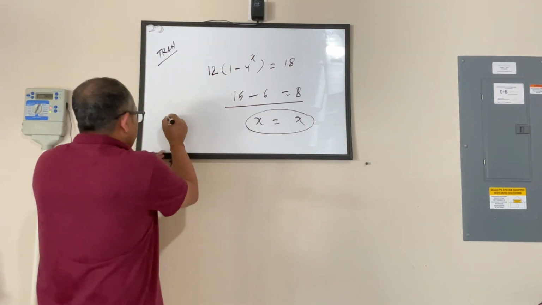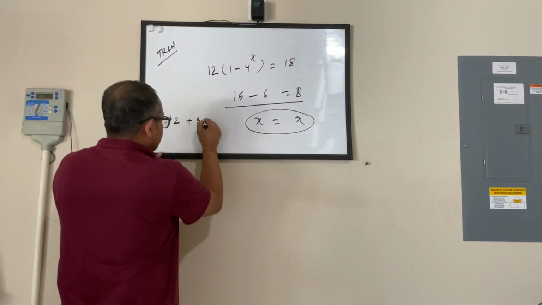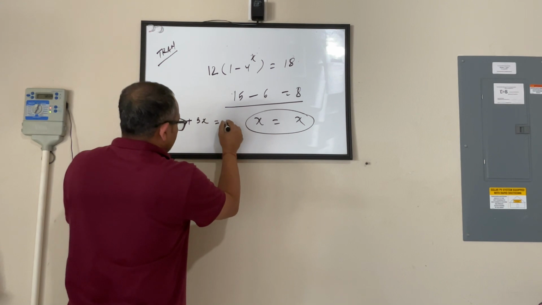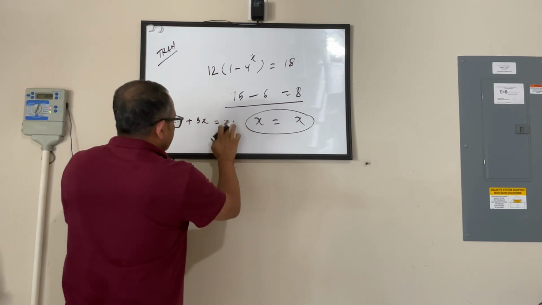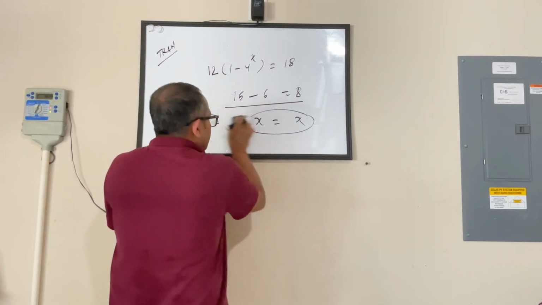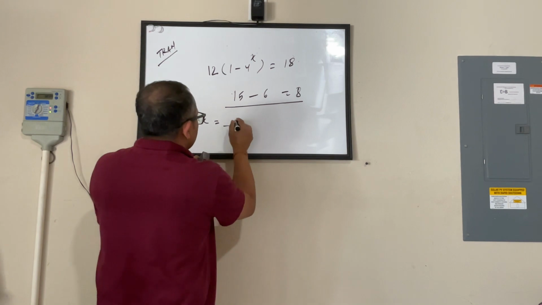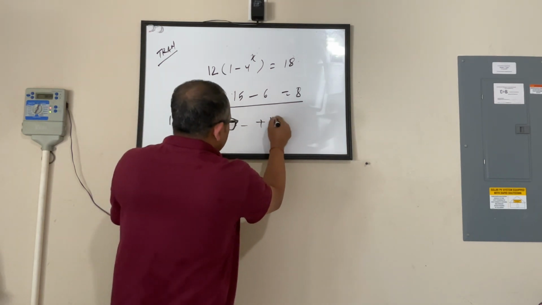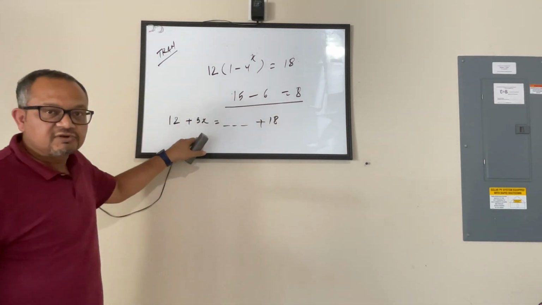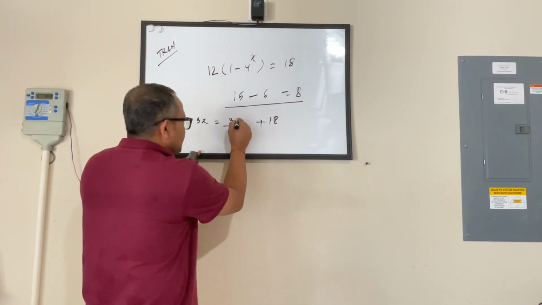Let's say I give you a situation like this: 12 plus 3x equals something plus 18. You can convert this equation into an equation with no solution by putting a 3x here.